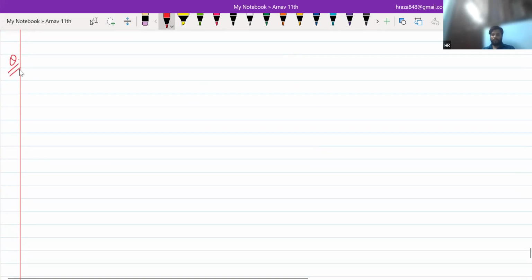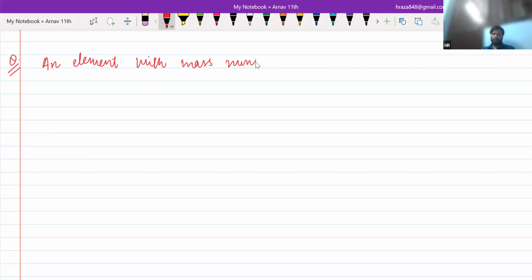The first question is: an element with mass number 81, having 31.7% more neutrons than protons.